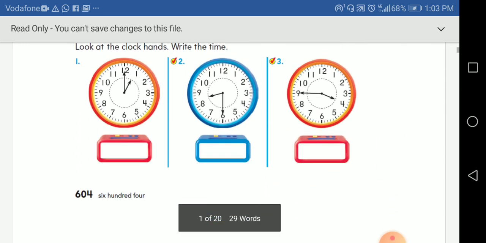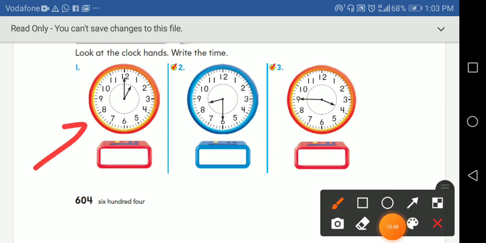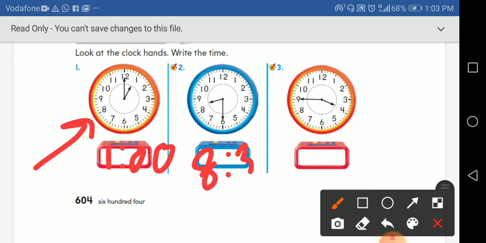Look at the clock hands, write the time here. What do you think, guys? This is 1 o'clock, exactly 1 o'clock. And what about the second one? It's 8:30. What about this? What do you think?